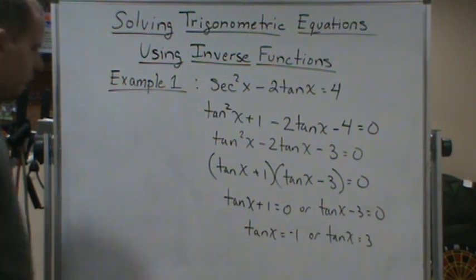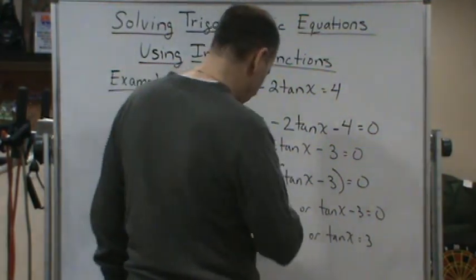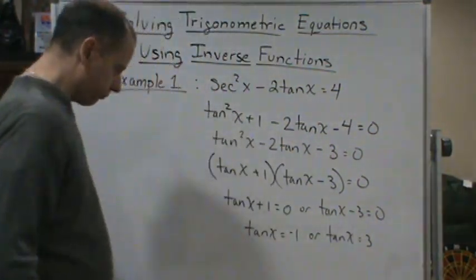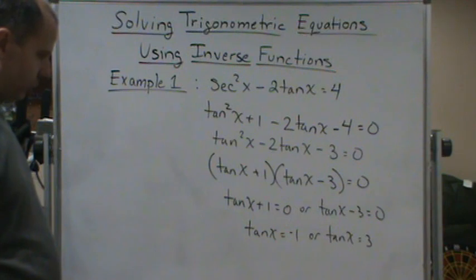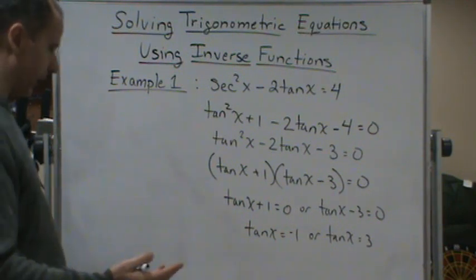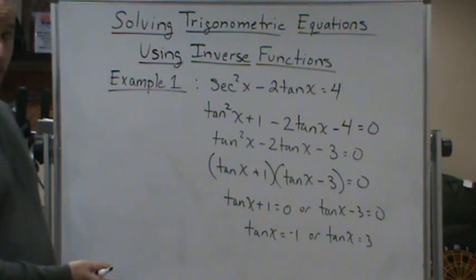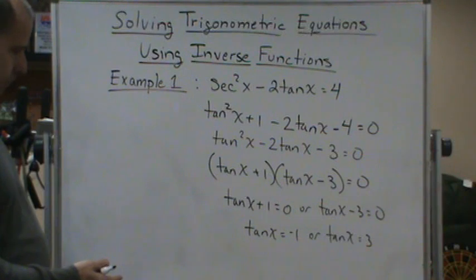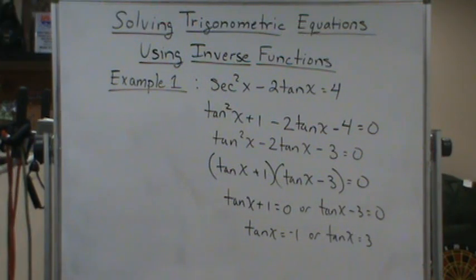Okay. So now in this case here, for -1, we know when tangent of x is equal to -1, it's at a 45-degree angle, and it's negative. Tangent is negative in the fourth quadrant.